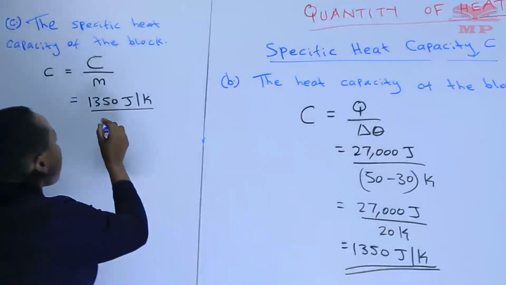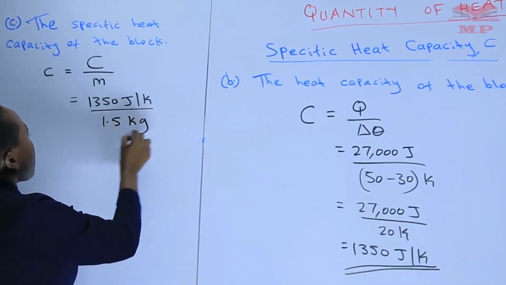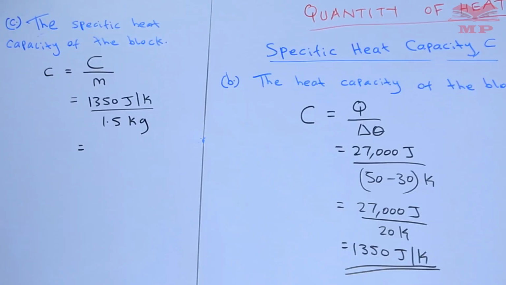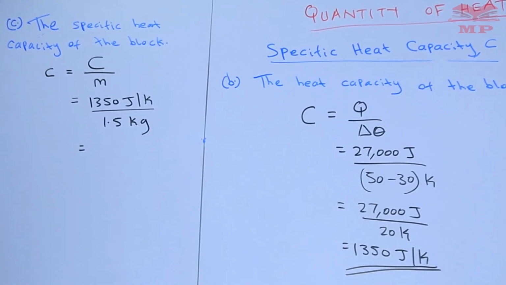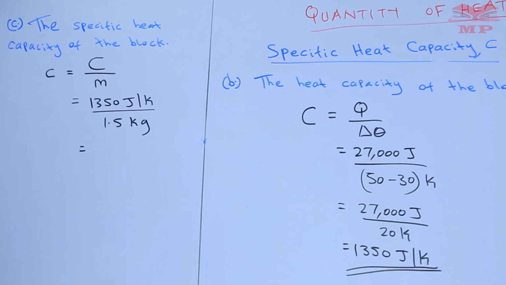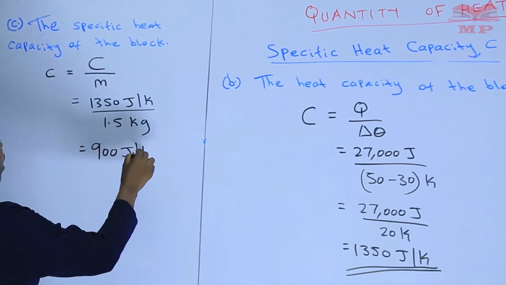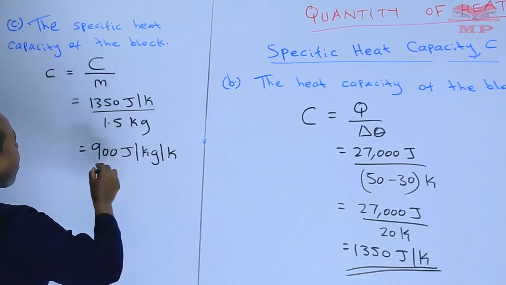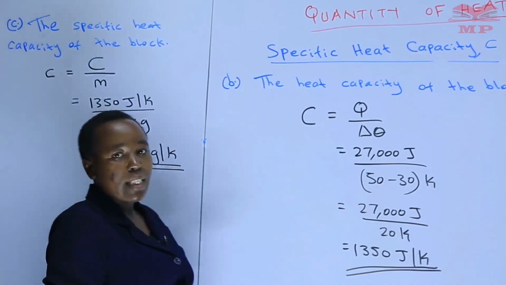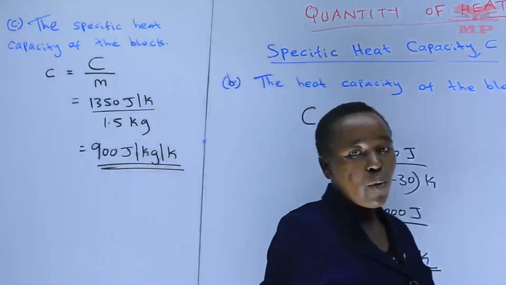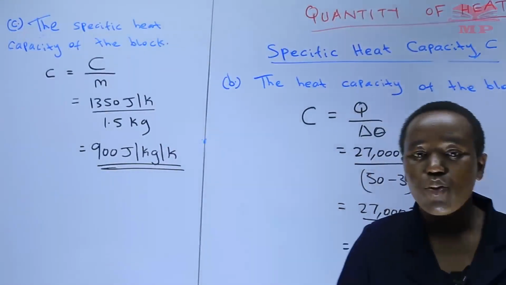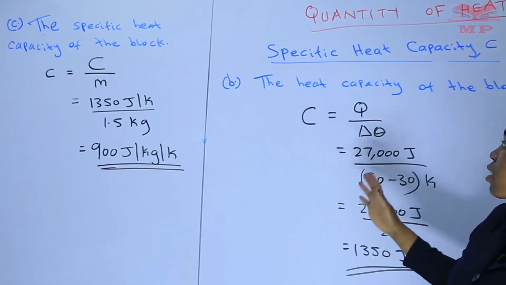So we just divide by 1.5 kilograms. You simply divide 1,350 by 1.5. So you end up getting that the specific heat capacity of the block is 900 joules per kilogram per Kelvin. So that's how we approach that question and many others that you can be given on specific heat capacity.